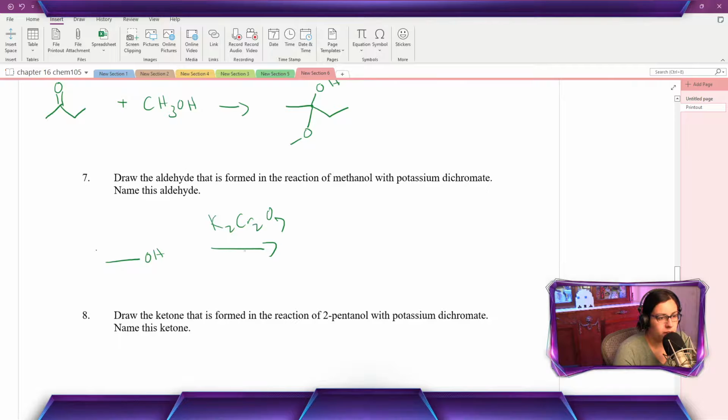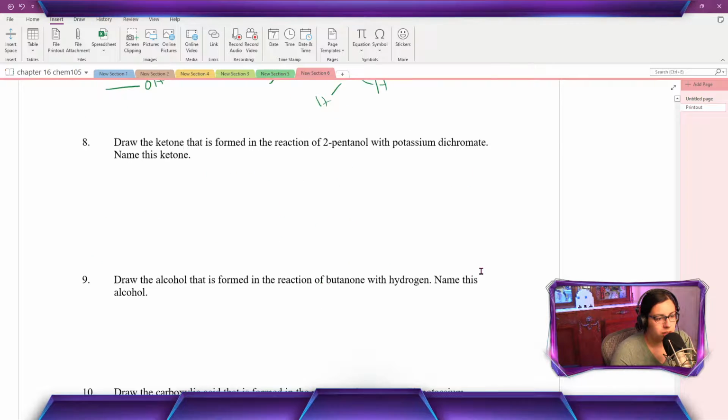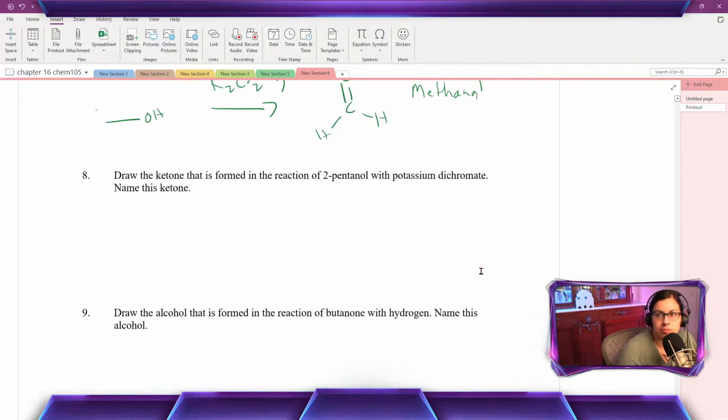So we're forming our double bond. And so this would be formaldehyde. So let's try another one.